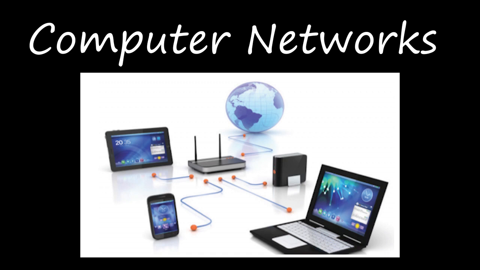A computer which is connected to a network, we'll say it is a node. The data originates and terminates at these particular nodes only. That means if many nodes are there, in each node we either get data or send data, so the data originates and terminates at these nodes only.